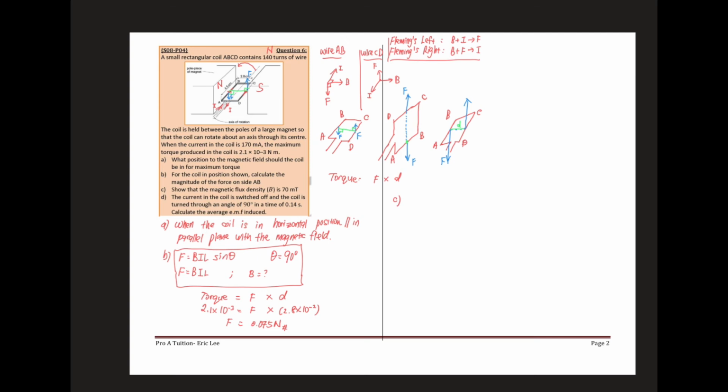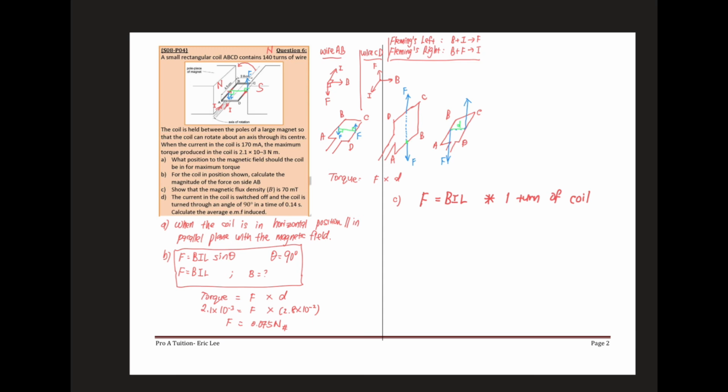So I write down first: F equals BIL. This is for one turn of coil.